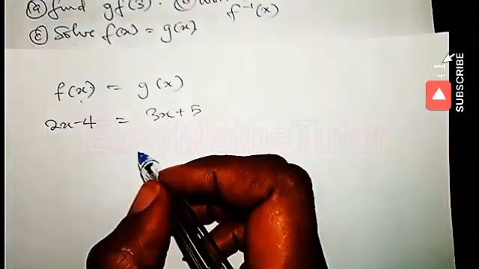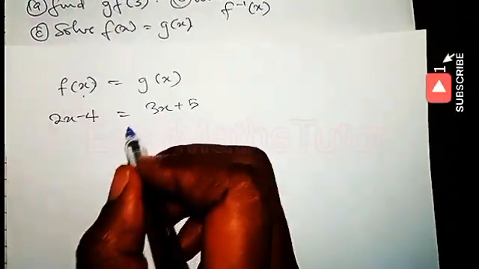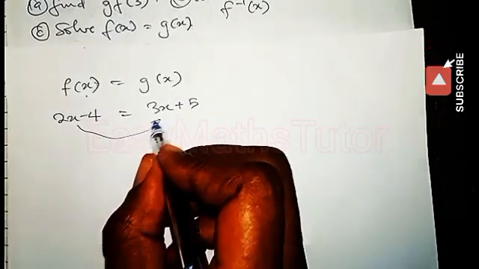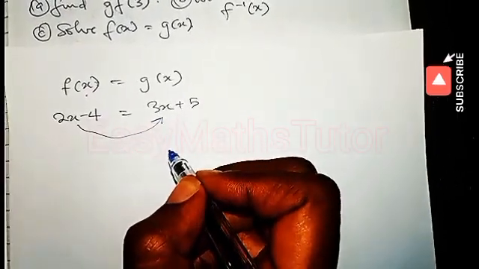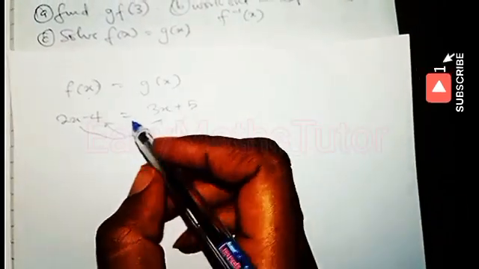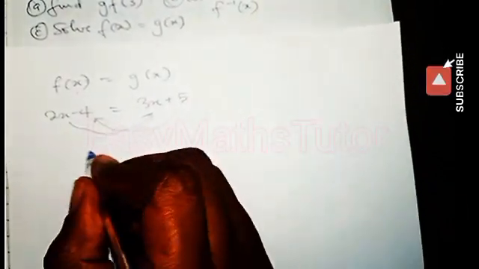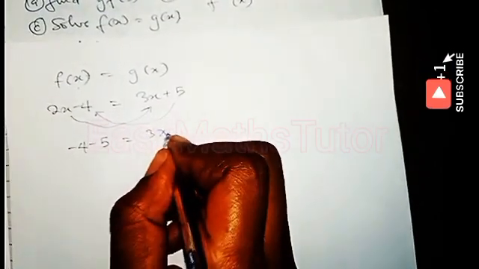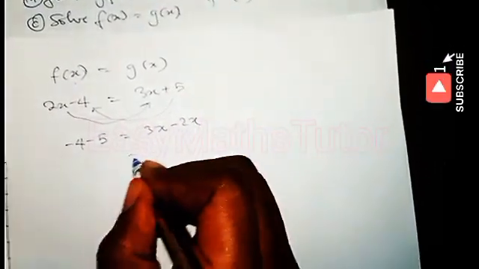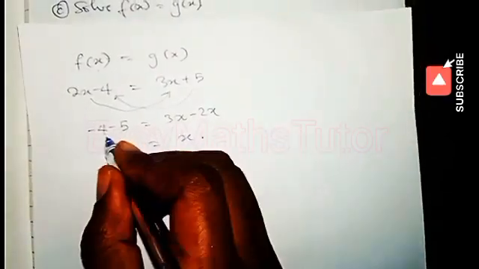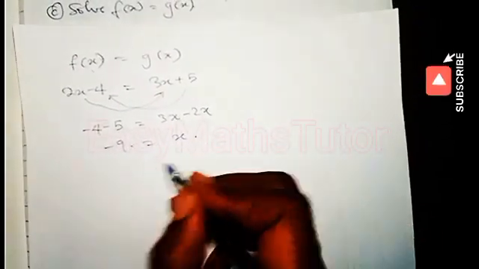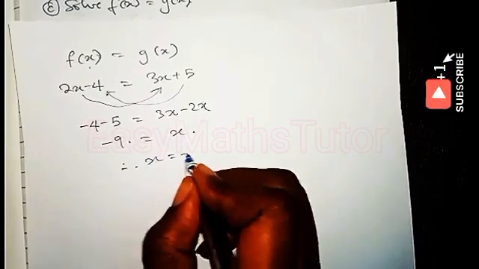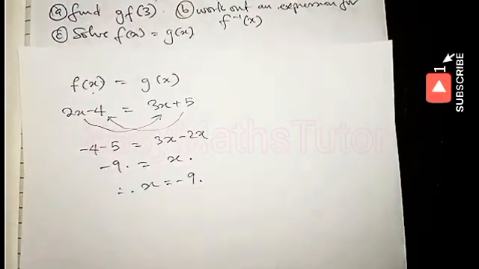So we're going to find the value of x. I would like to move 2x to this side and move 5 to this side, or vice versa. So we'll say minus 4 minus 5 equal to 3x minus 2x. 3x minus 2x is x. Minus 4 minus 5 is minus 9. Therefore, x is equal to minus 9.